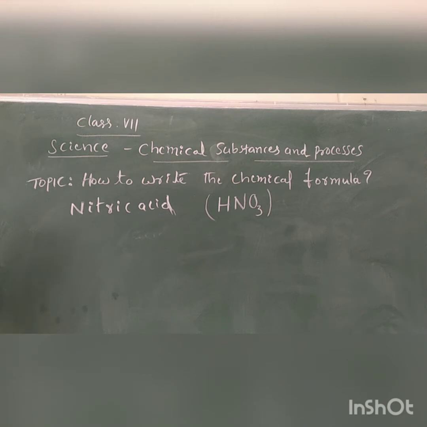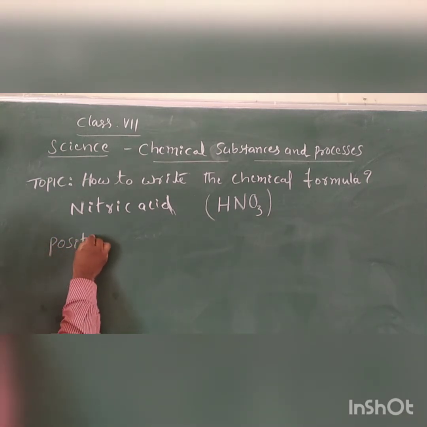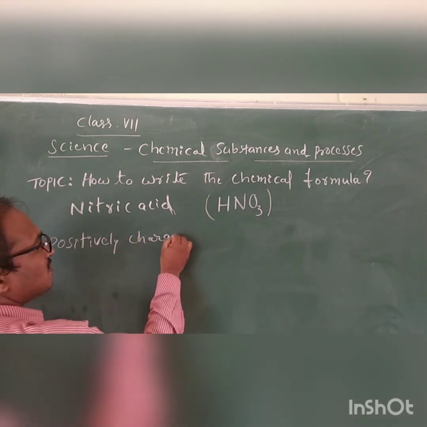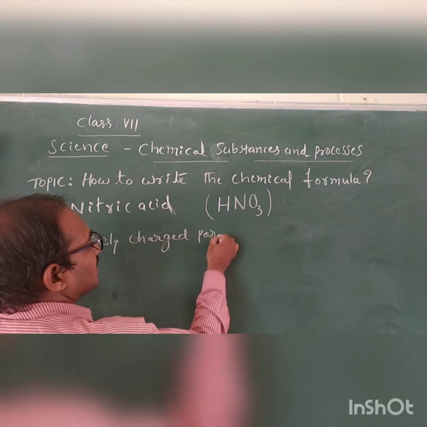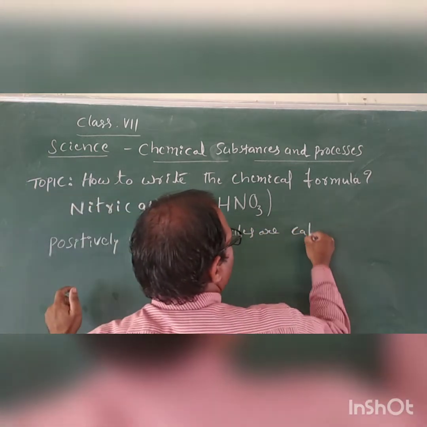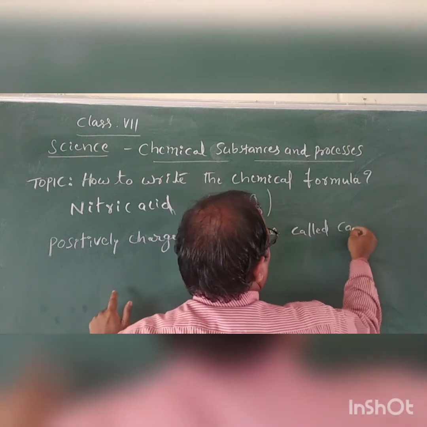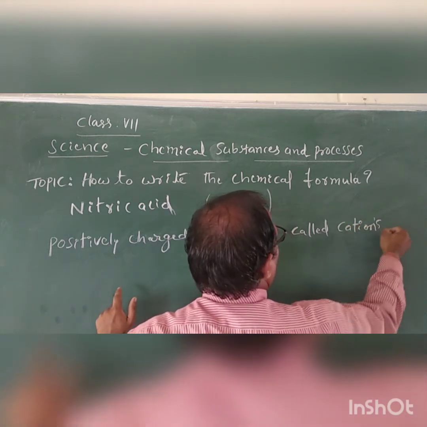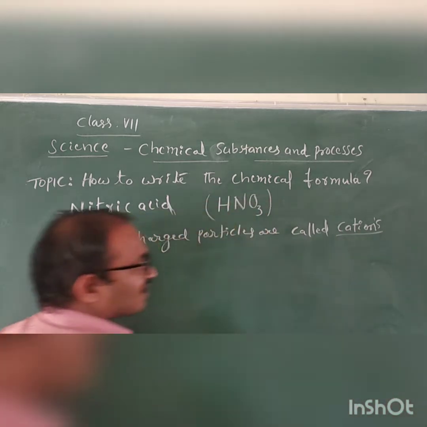Generally, many substances are made up of positively and negatively charged particles called ions. Positively charged particles are called cations.